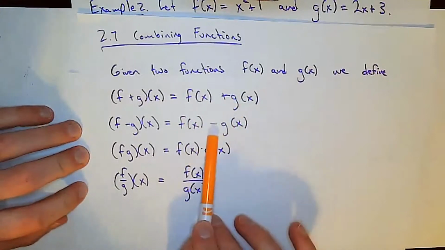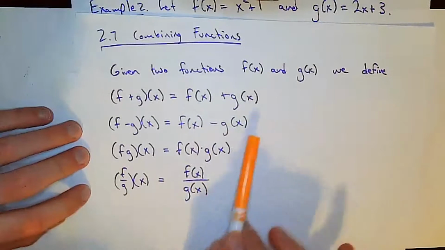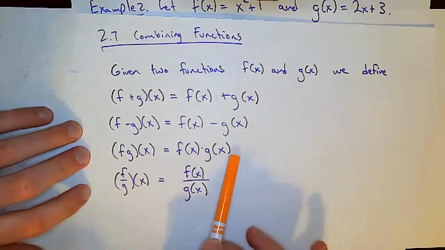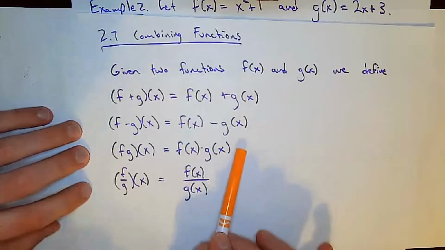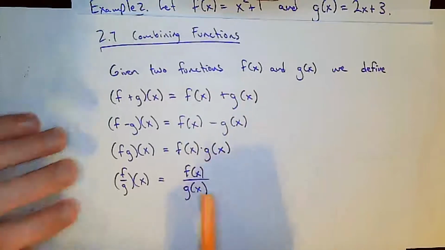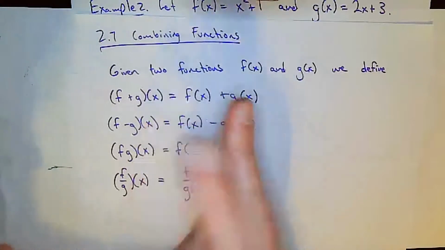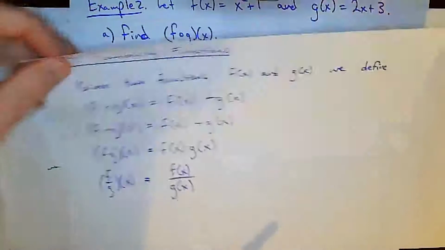That's not how subtraction works: 2 minus 3 is not the same as 3 minus 2. So this commutes, but this does not. Multiplication does commute: 2 times 3 is the same as 3 times 2. But division does not. So already we're seeing that with some operations you can flip the order and not change the answer, but with others, if you change the order, it's a whole different problem.